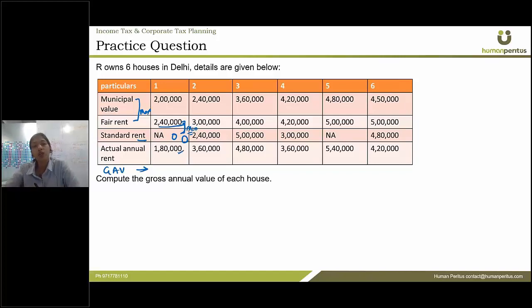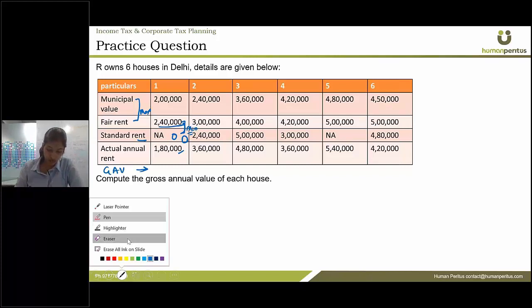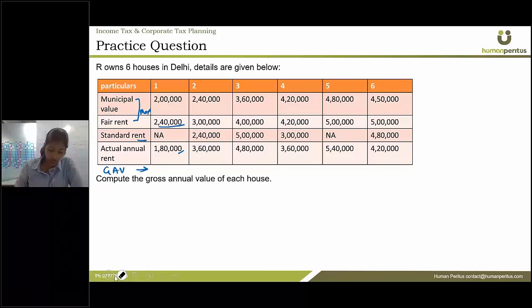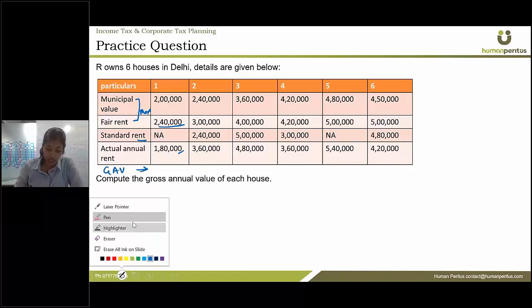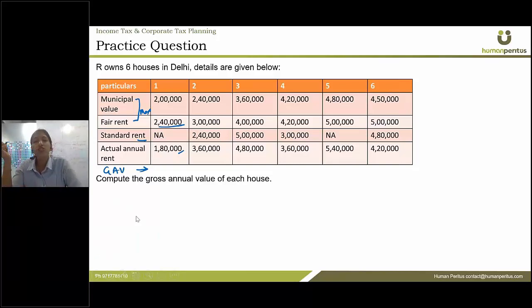And in step 3, we compare first and second. Whichever is higher will be your gross annual value. Sorry, one thing that I forgot to tell you, that if standard rent is not applicable in the case, then we do not consider standard rent.